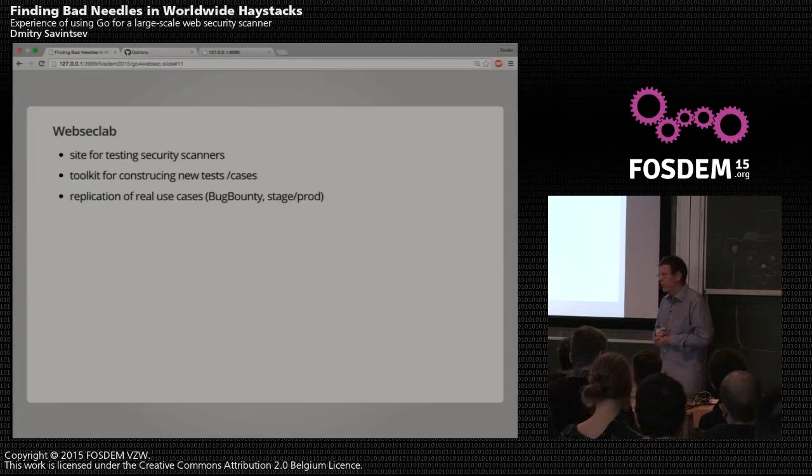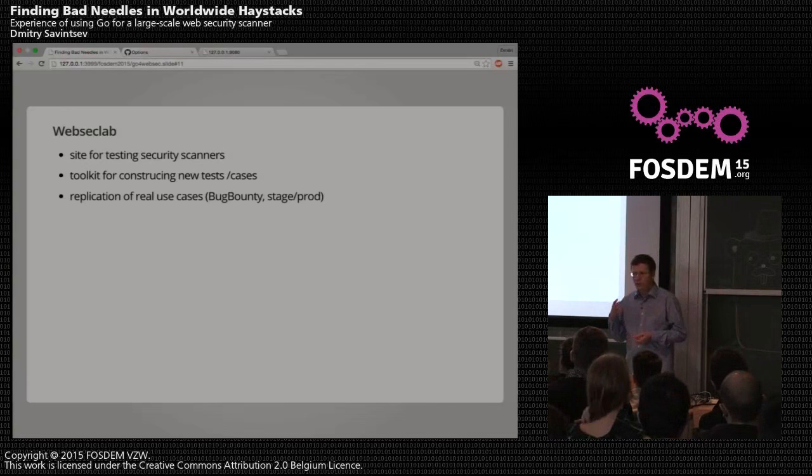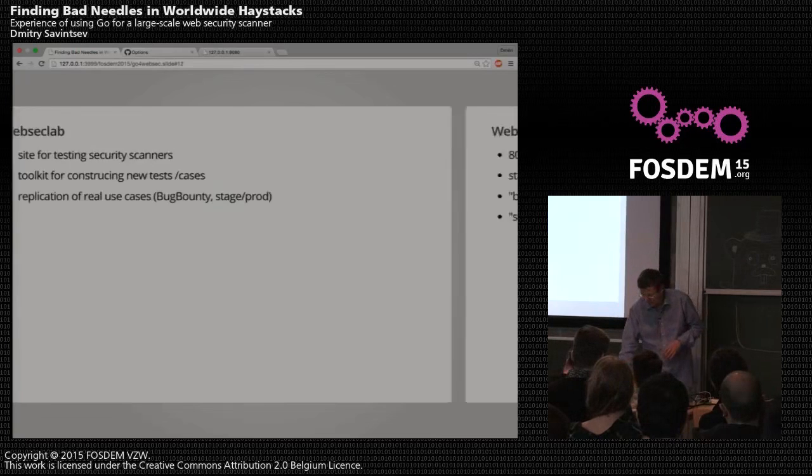And use it for replication of real use cases, like we have a bug bounty program. When we find something in production, I try to put a model or distilled minimal version in WebSec Lab, so that I can keep it for the scanners.